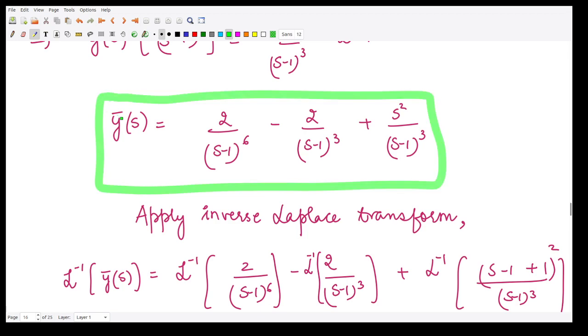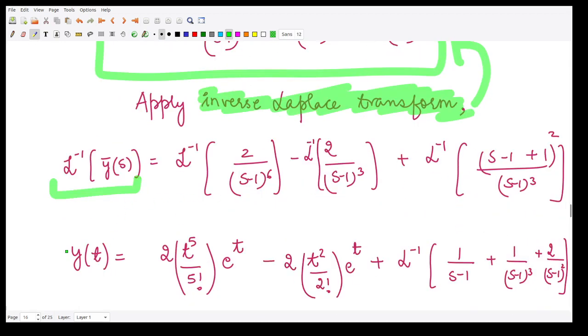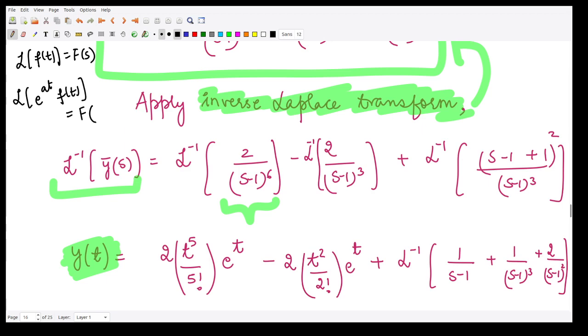Now the task that is remaining is to apply the inverse Laplace transform on both sides for this particular expression. So when you apply inverse Laplace transform on both sides, on the left hand side this expression turns out to be the solution y of t, and on the right hand side, you have to first apply the first shifting property, which says if the Laplace transform of f of t is given to be capital F of s, then the Laplace transform of e to the power a t f of t is equal to the Laplace transform of the same function shifted by a units.